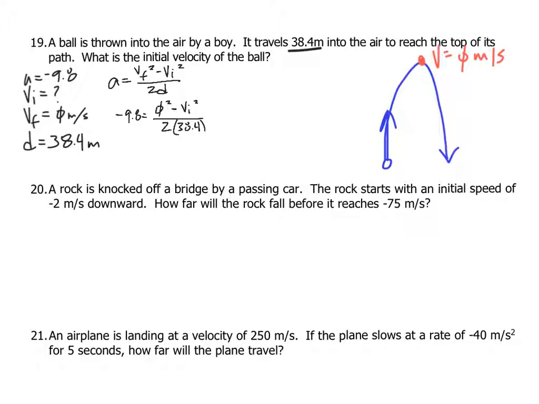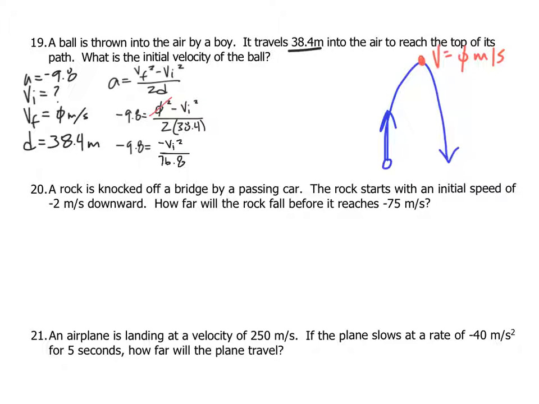I'm going to simplify this a little bit, take it one step further. I'm going to rewrite negative 9.8. I know that 0 squared is 0, so this part essentially goes away, and all I'm left with is negative VI squared, and then 38.4 times 2 is 76.8.